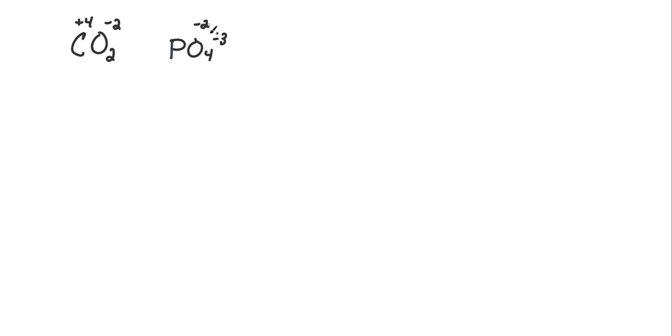It's in that 6th column. It will want to gain 2 electrons. There are 4 of these. So 4 times -2 is -8. But we have a -3 charge. So -3 minus -8 will need a +5 charge in order to counteract the -8 here and leave 3 left over.